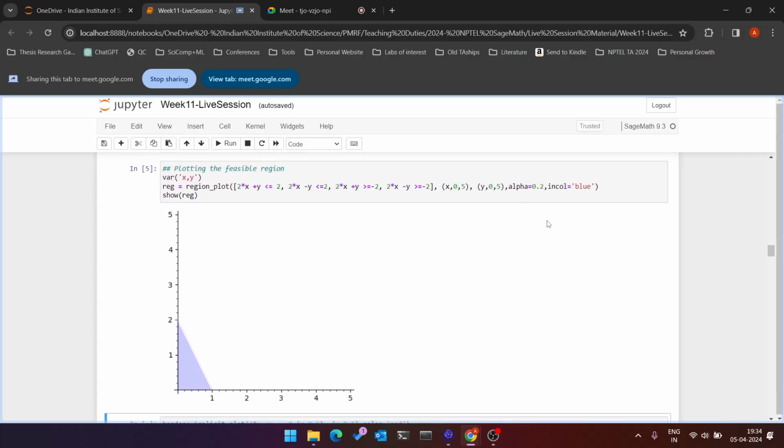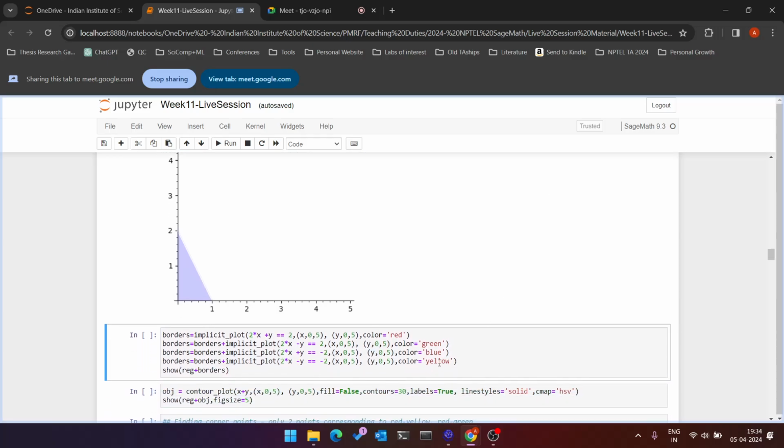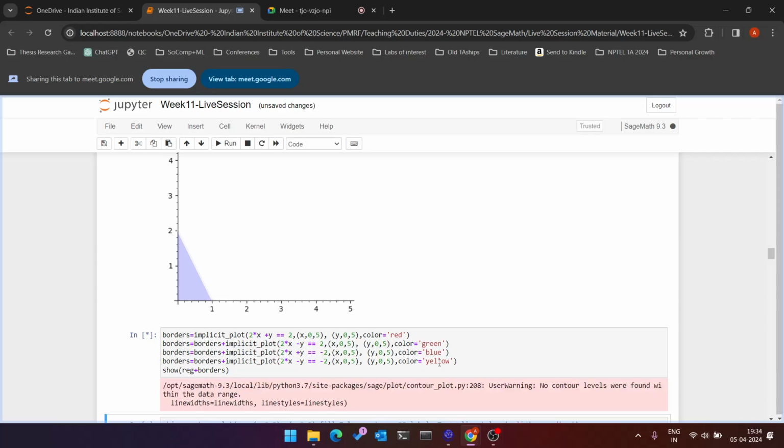It seems to be a triangle of sorts, a right-angled triangle with its height and base lying along the y and x axes respectively. Next, we'll be plotting all our borders, y equaling 2x, and so on and so forth, in four different colors.